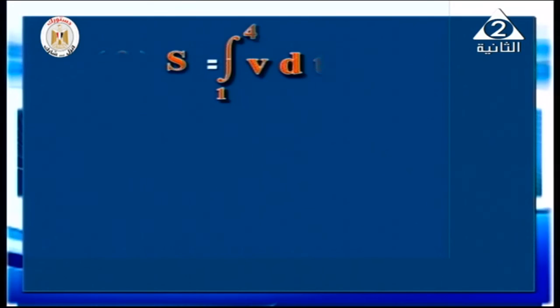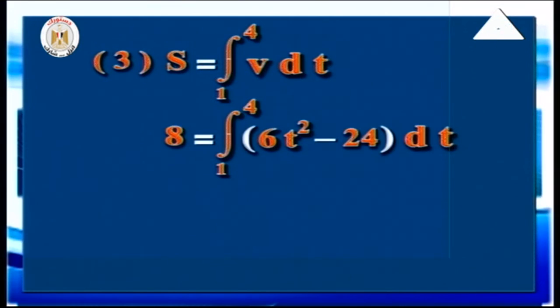My dear student, for the third required, s equals the integration from 1 to 4 of v dt. Then, my dear student, what is the velocity? This velocity equals the relation 6t squared minus 24, dt.